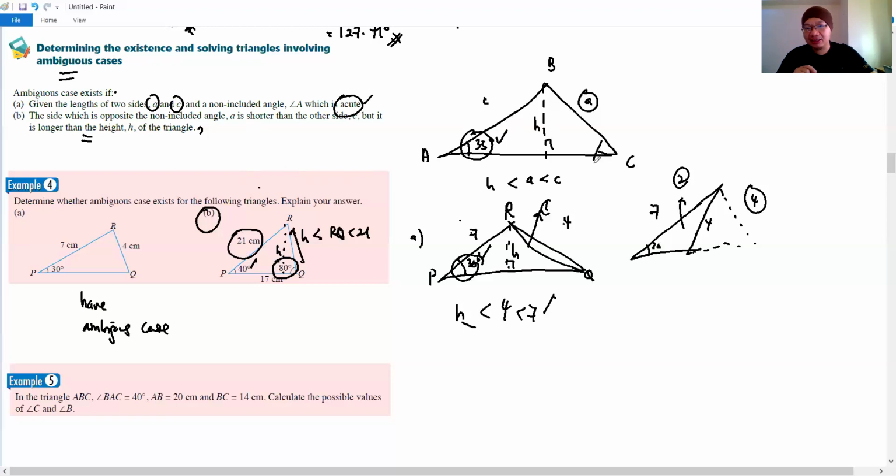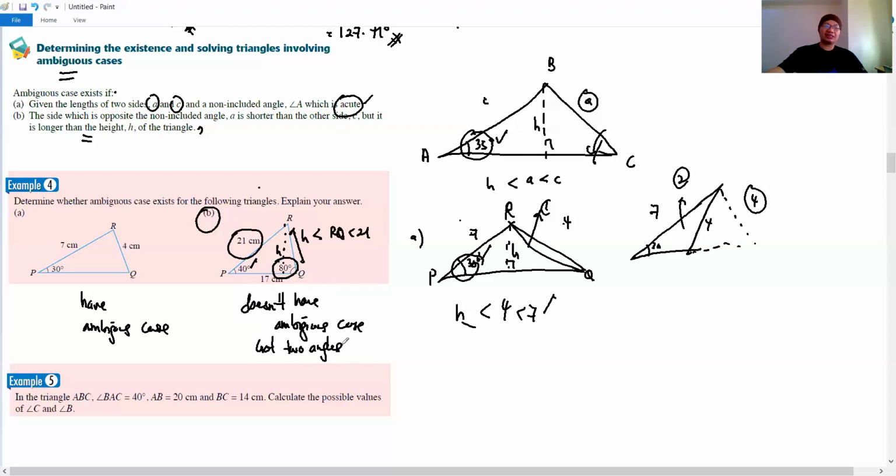The second angle you need to identify after that by using the formula. But in this case, the first angle is given and the second angle is also given, so automatically there is no ambiguous case. This soalan doesn't have an ambiguous case because they gave two angles. That's the reason.